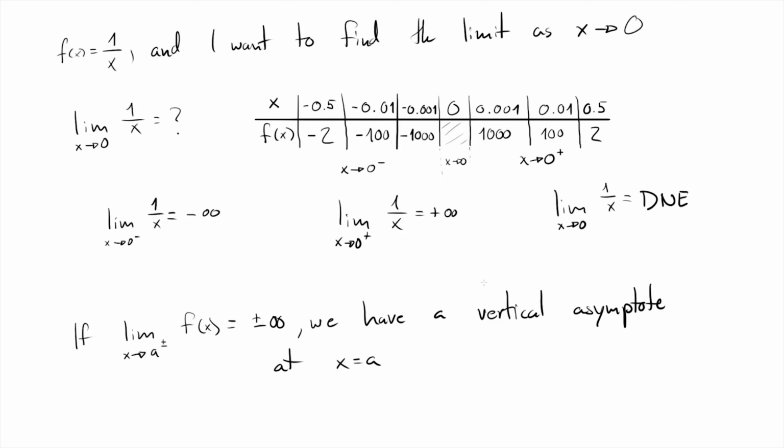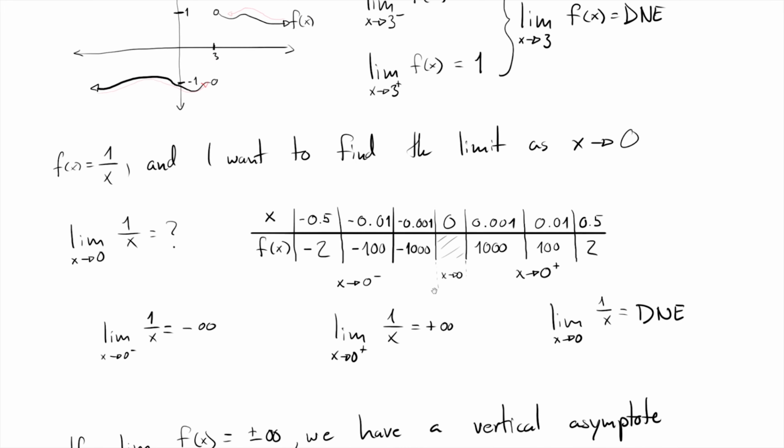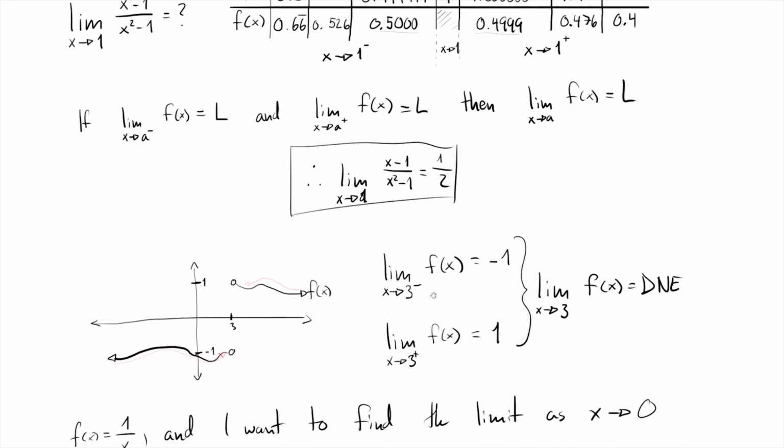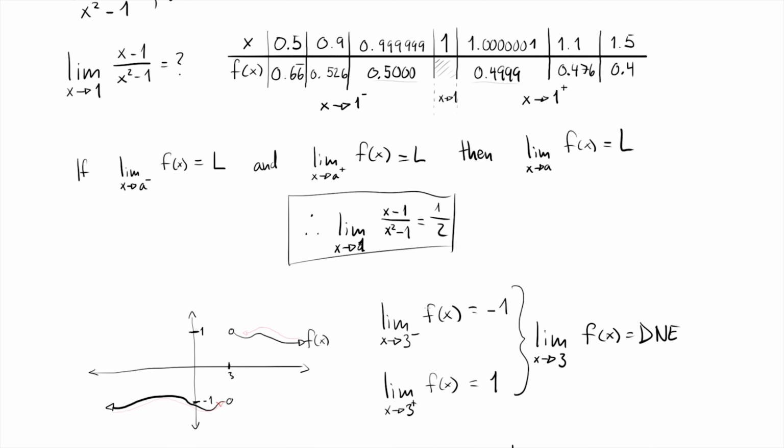Okay, so we found two limits here using tables, and we also discussed some really interesting things. First one being this idea of limits from the left-hand side and from the right-hand side, and that they need to exist on both sides and they need to be the same value in order for the limit in general to exist.